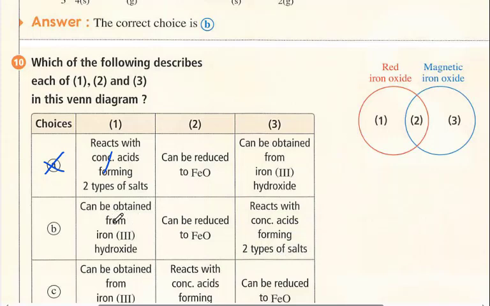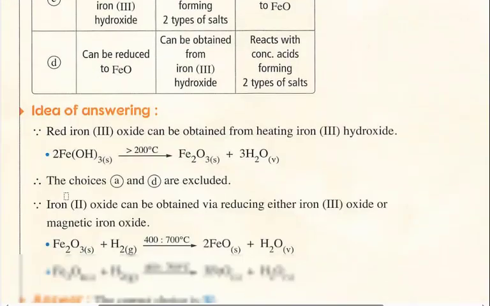Here, if ferric oxide reacts with acid, it only forms ferric salts or iron 3 salts. So here 3 refers to a characteristic of magnetic iron oxide, which forms two kinds of salts by reaction with conc. acids. So this is the correct answer.